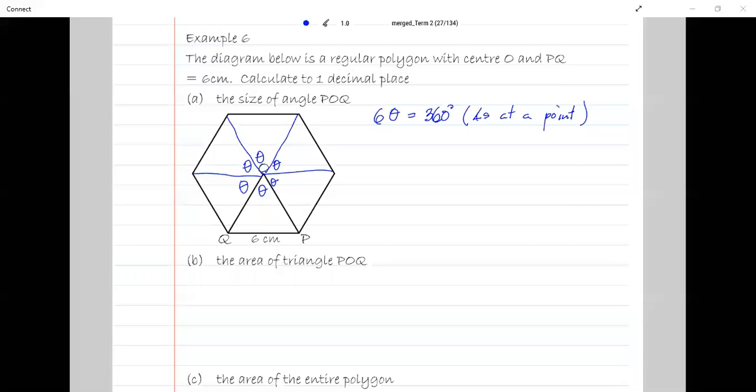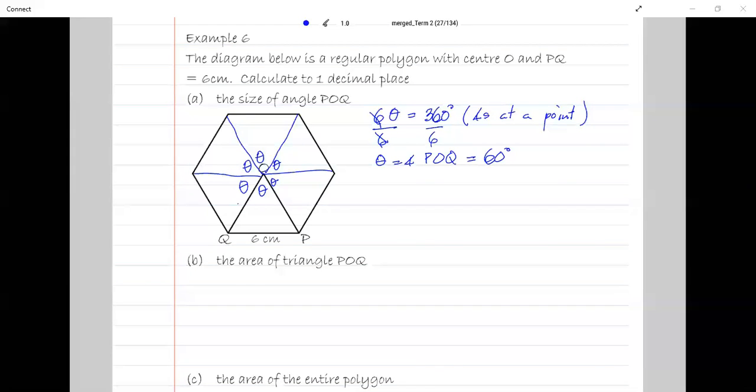The shortcut for adding theta 6 times is to simply multiply theta by 6. If I divide both sides by 6, I'm going to get theta, which is angle POQ, is equal to 60 degrees.